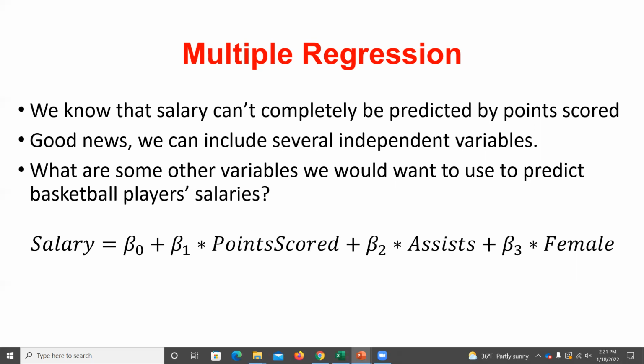So the thought experiment that we can do with our regression analysis output is 2 players with the same number of assists in the previous year, same height, same weight, same age, same number of years in the league, same position. We could even add in indicators for what team they were on, but one of them scores an additional point. That's the expected change, or I shouldn't say increase here. It was in our example, but right, the expected change in their predicted salary.